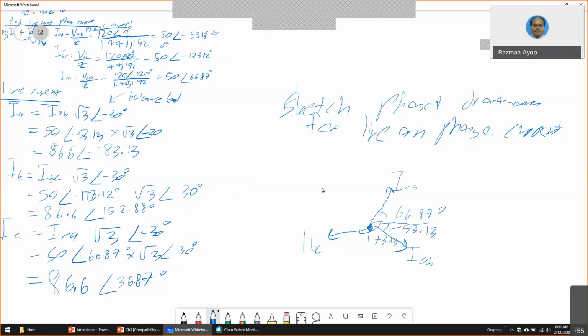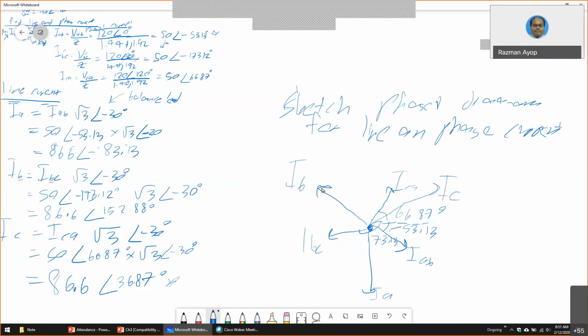And then draw IA. IA is 83, so somewhere around here. Make sure it's longer because the magnitude is larger. And this one is 105.2, around here. IB and IC are around here.